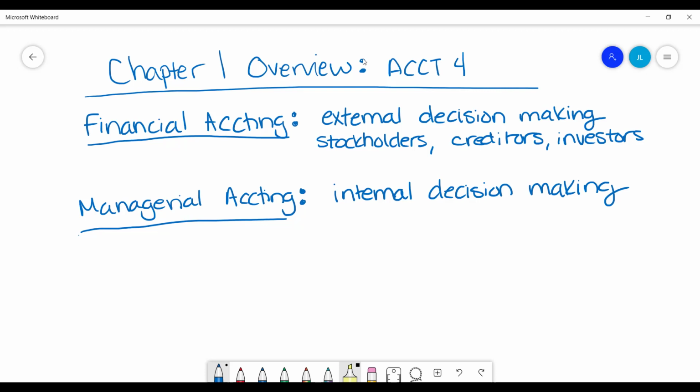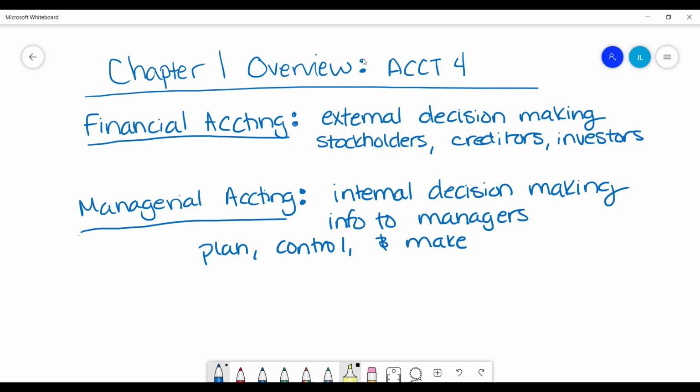So managerial accounting is focused on providing information to managers so that they can do what? So that they can plan, control, and make decisions, right? Because without information, it's going to be really hard for managers to do their job. So that is the big difference between financial and managerial accounting.